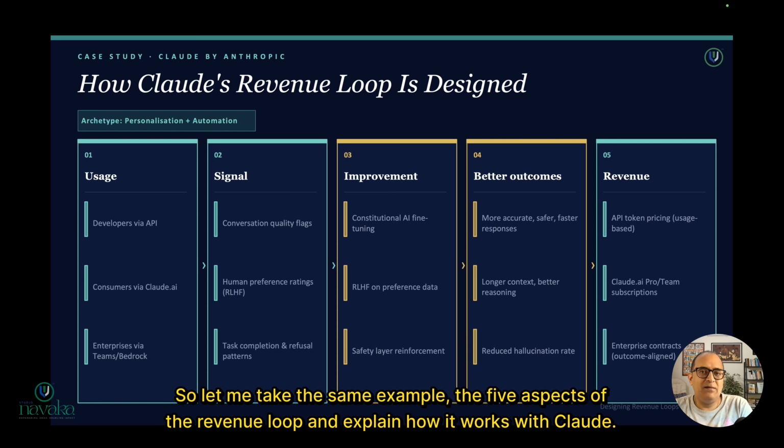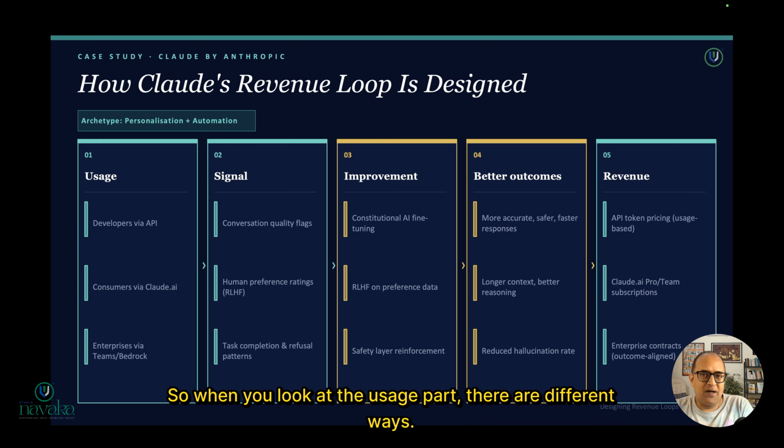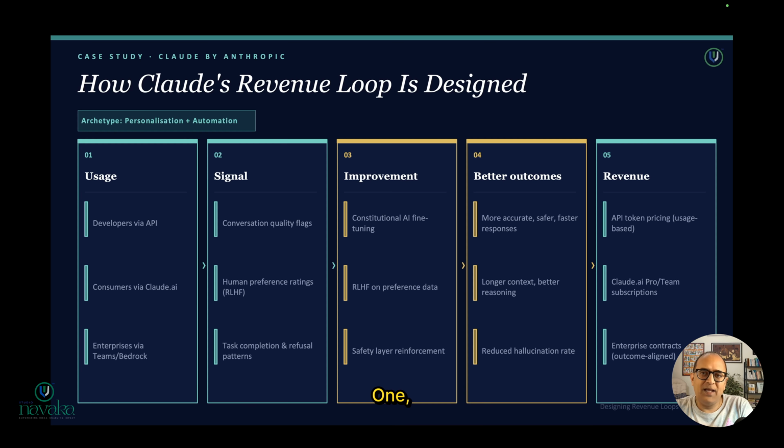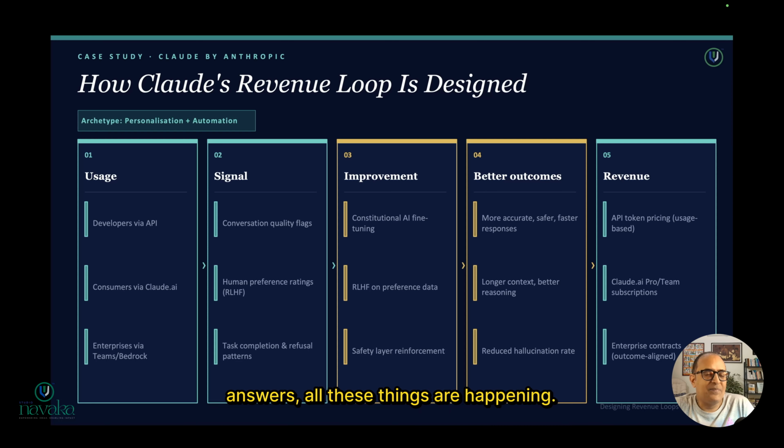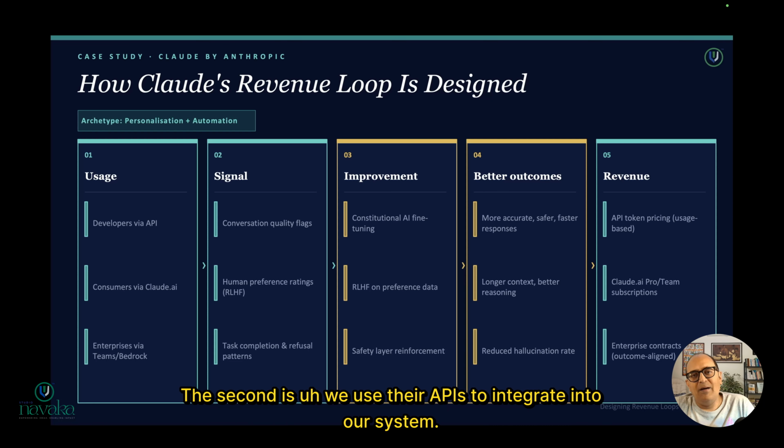So let me take the same example, the five aspects of the revenue loop, and explain how it works with Claude. When you look at the usage part, there are different ways. One is you have the Claude app and you subscribe to it, you're interacting with it, you're getting your answers. The second is we use their APIs to integrate into our system, right?